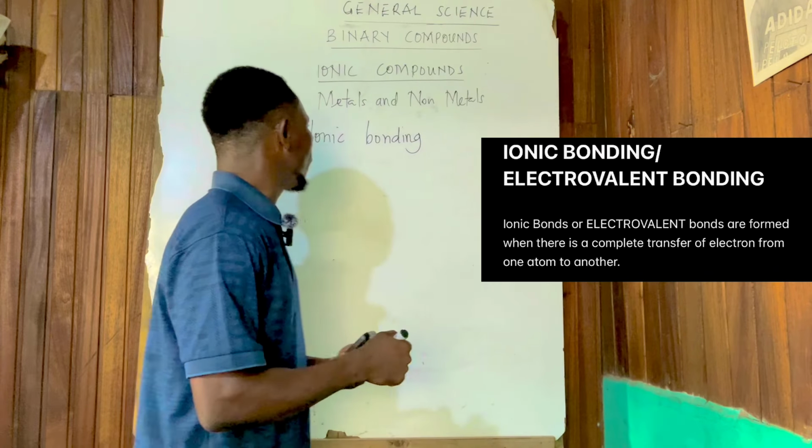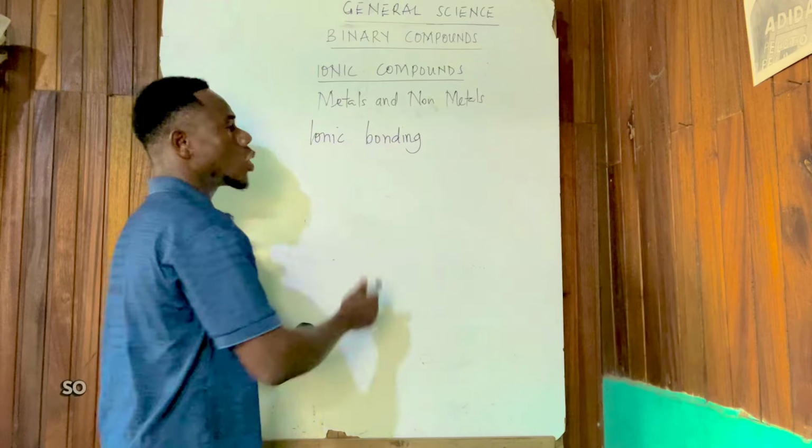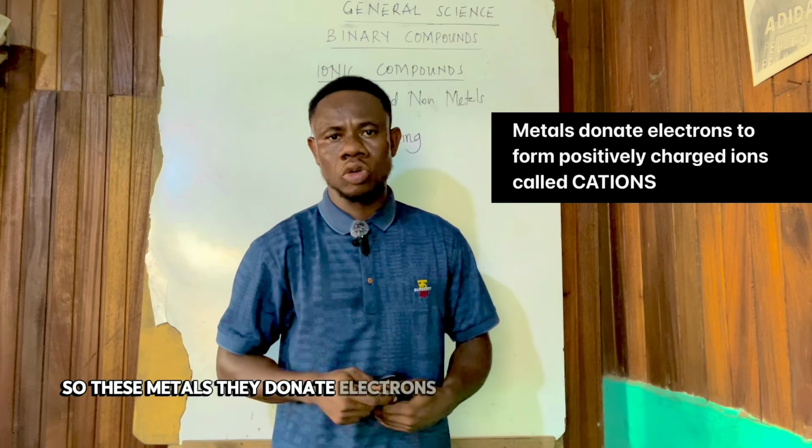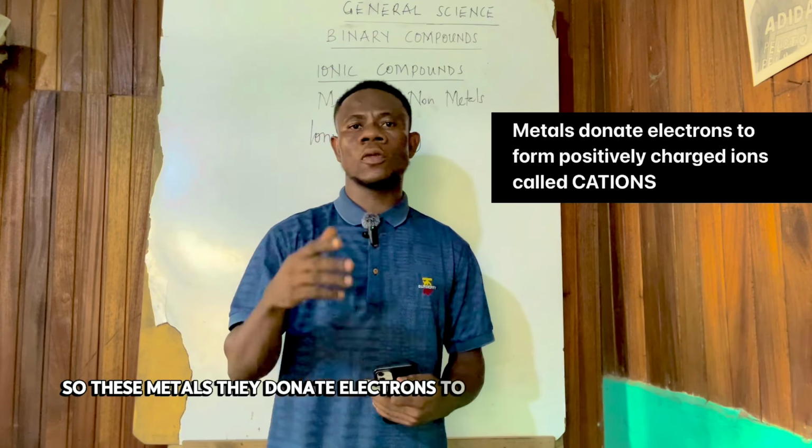Now, we have what we call the metals. These metals donate electrons to form positively charged ions called cations.